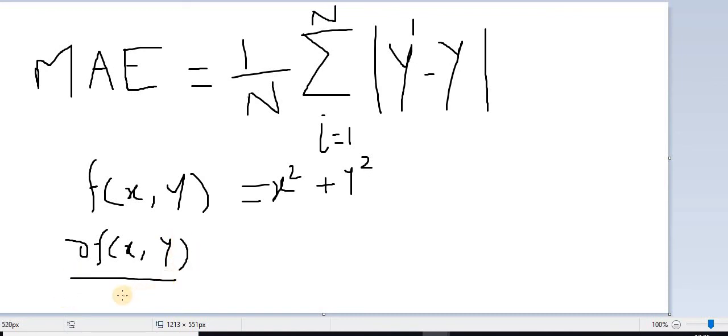When a function depends on two variables, the concept of partial derivatives comes into the picture. We are differentiating with respect to x. At that time, y is a constant. What is the derivative of a constant? It's 0. So the answer should be 2x. This rule we already discussed.